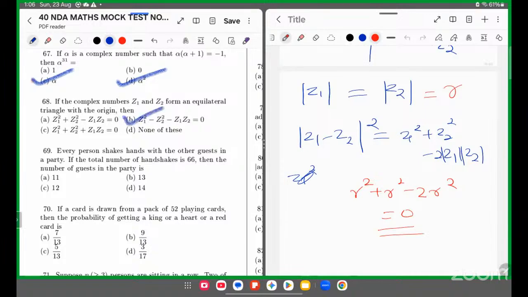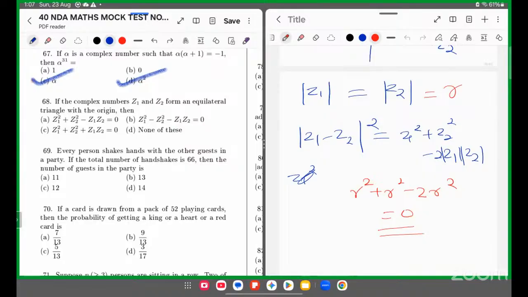Option B is not. Option A, but option A 2 it is not there. But here the condition is given.